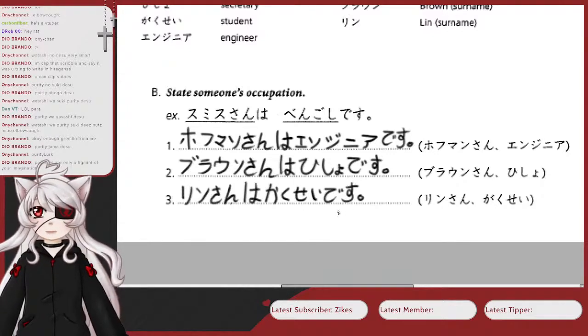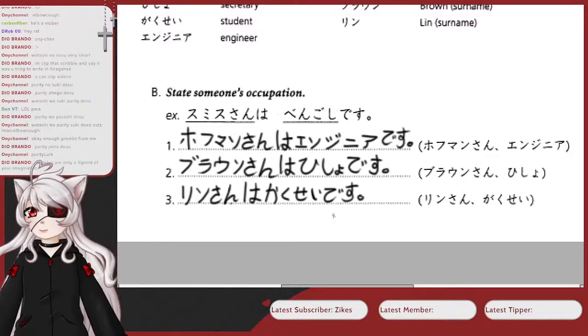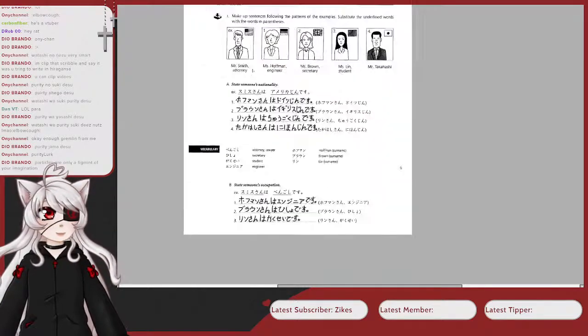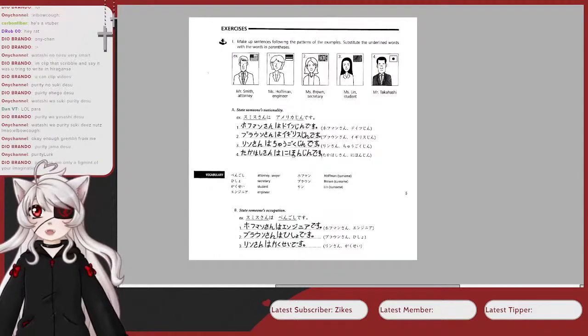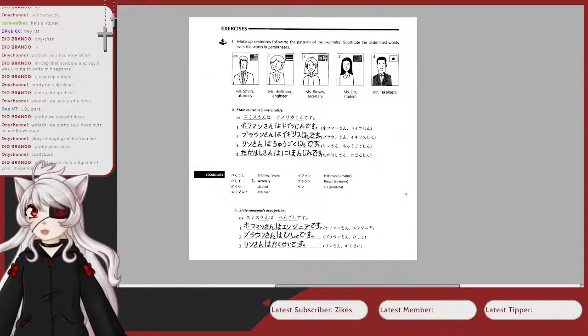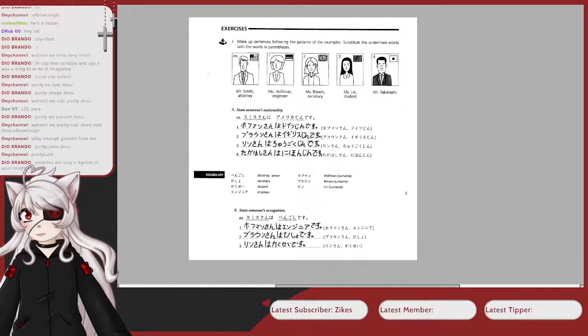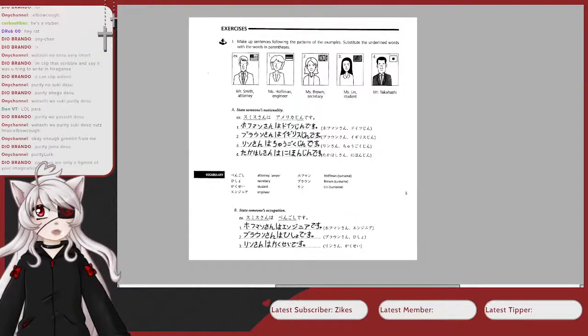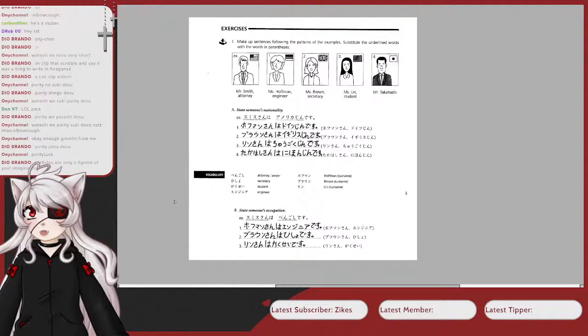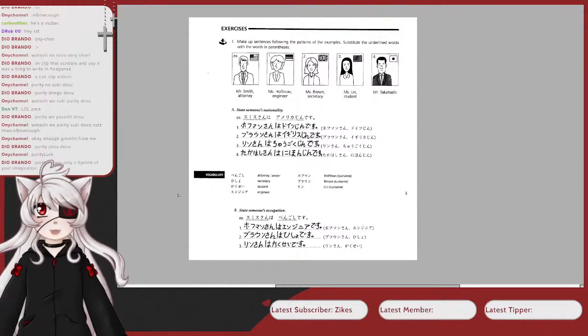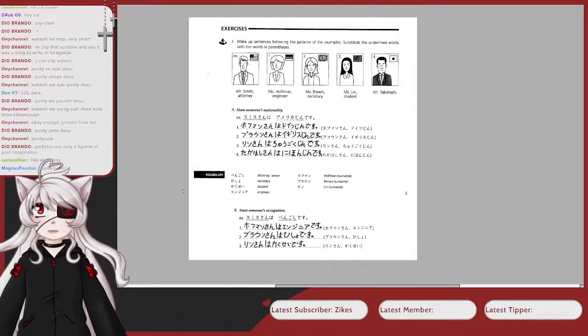Particles are only a figment of your imagination. No, those are floaters. I can promise you, particles are very real. And they're coming to get you. And also, they exist in English. So, you can't just pretend this is a Japanese thing. You know the word "are"? That's an "of." Those are both particles.